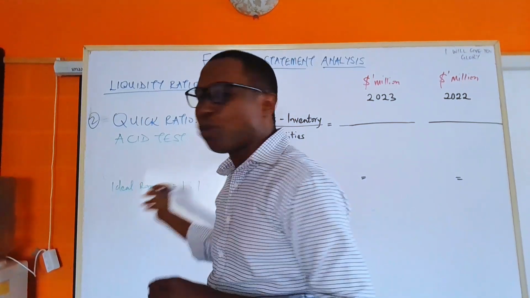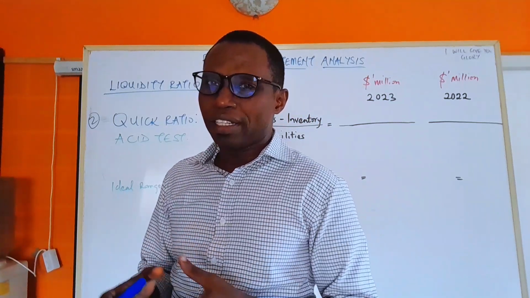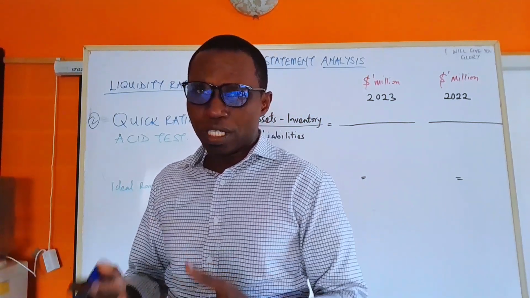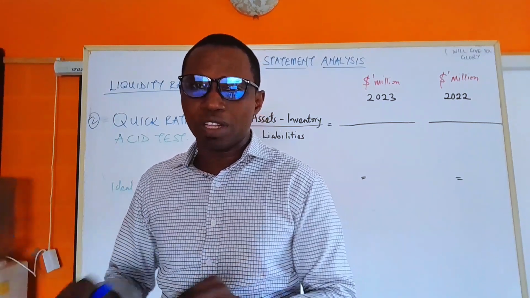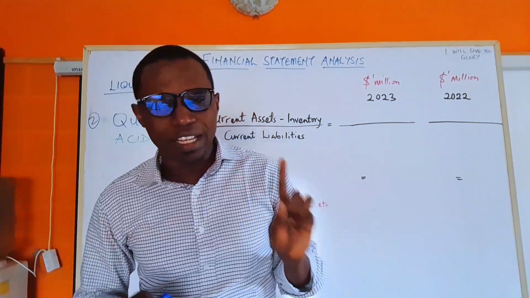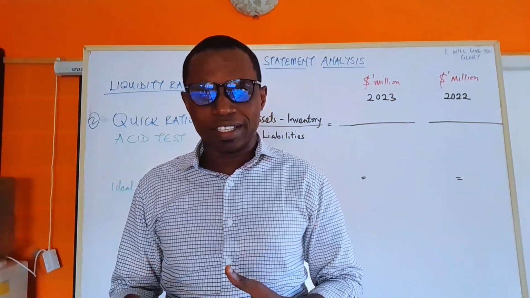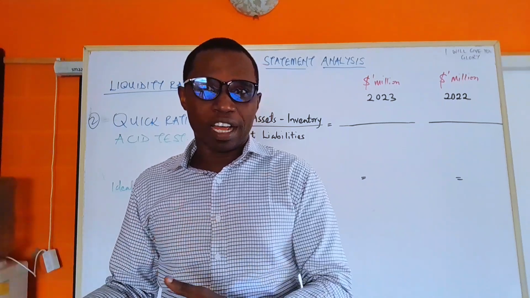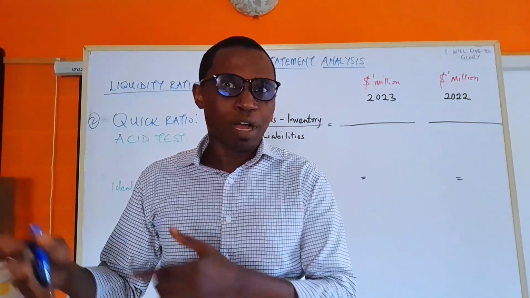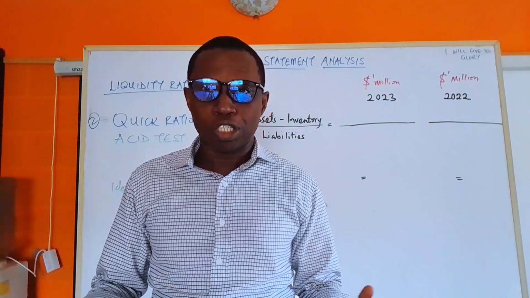And the ideal range when it comes to quick ratio is 1:1. So which means, generally speaking, now industry differ from industry. So what is obtainable in this industry is different from what is obtainable in another industry. For instance, companies with high inventory turnover, e.g., fast moving consumer goods industry, they are comfortable with a lower quick ratio.